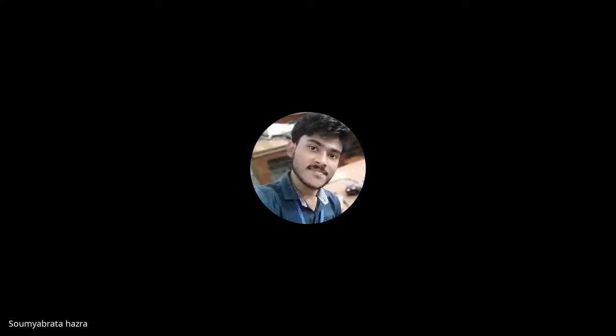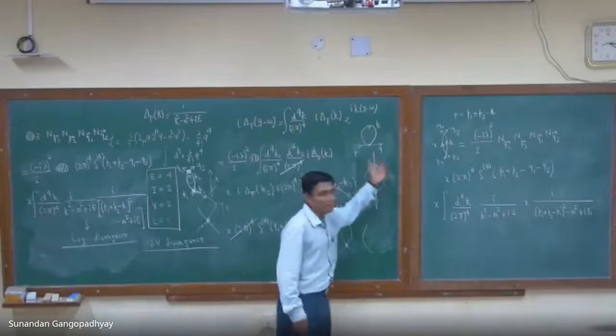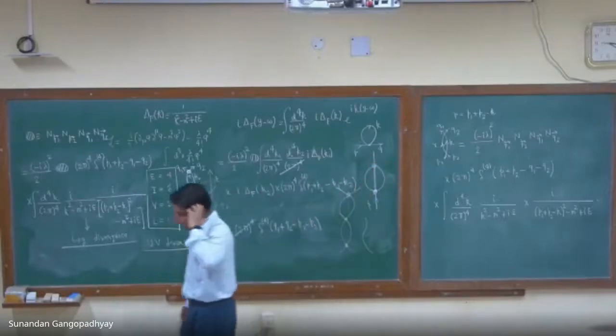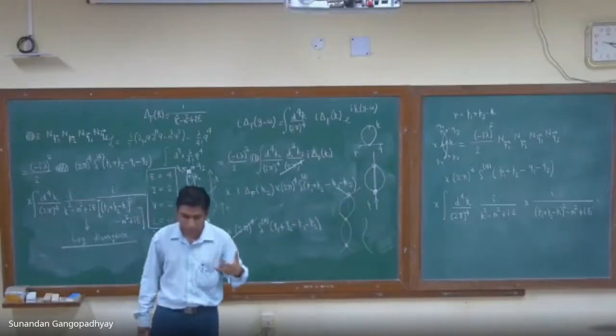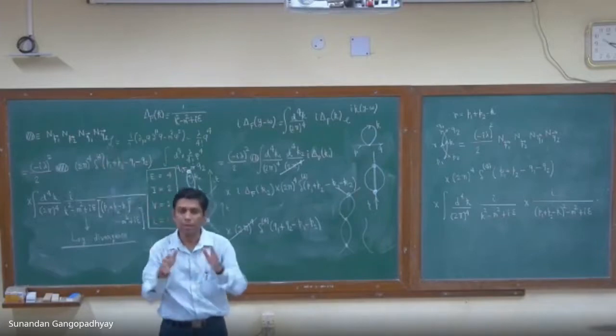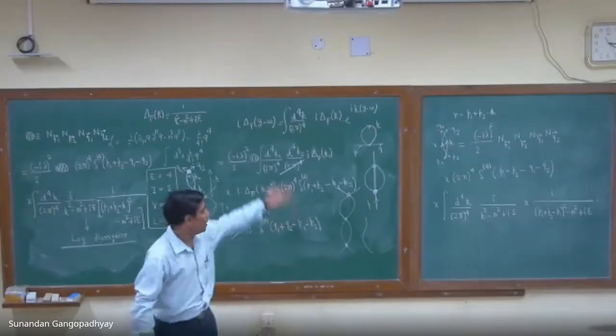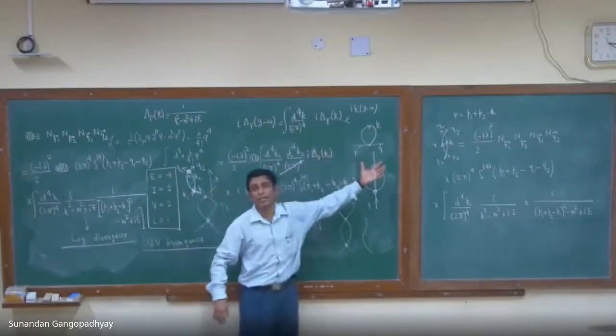Sir, that means the loop is some kind of fluctuation in the quantum field. You can think in that way. You will have bubble diagrams also, which are like fluctuations of the vacuum of the quantum field. But these loops arise because of the interactions.